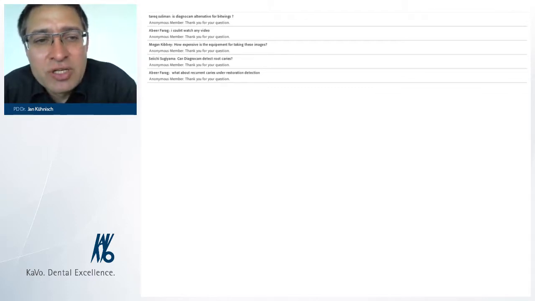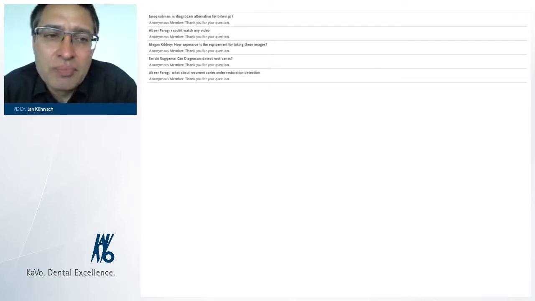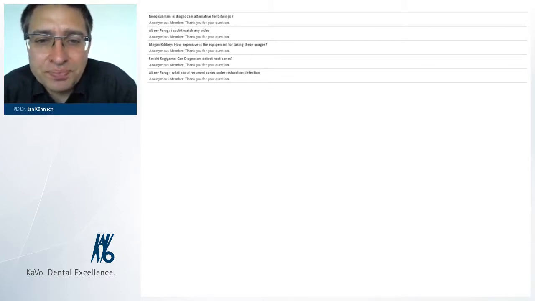Under the restoration, it might be much more difficult, as the restoration above will hinder the light path a little bit and will reduce the light, so it's definitely difficult to detect. But in those cases where I detected secondary caries, it was frequently not really visible, and the near-infrared light helped me to detect this. Thank you for your question.